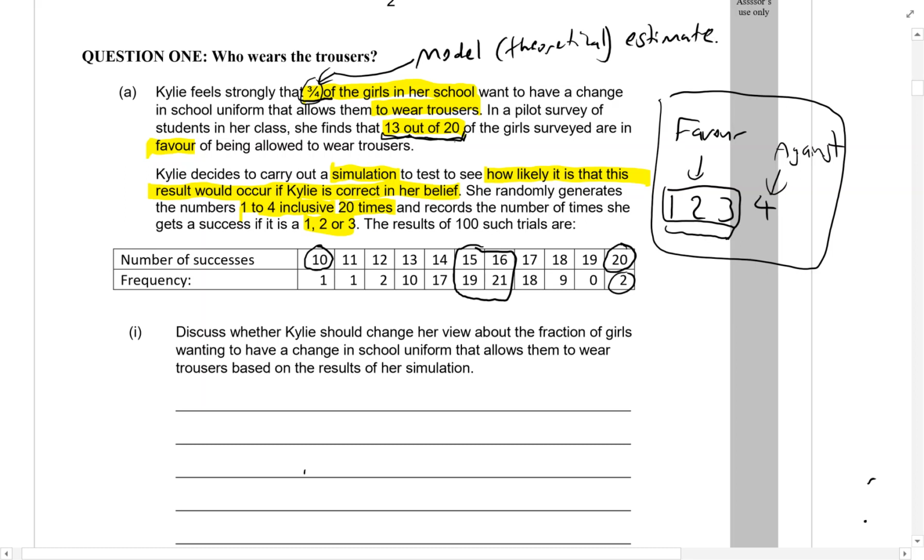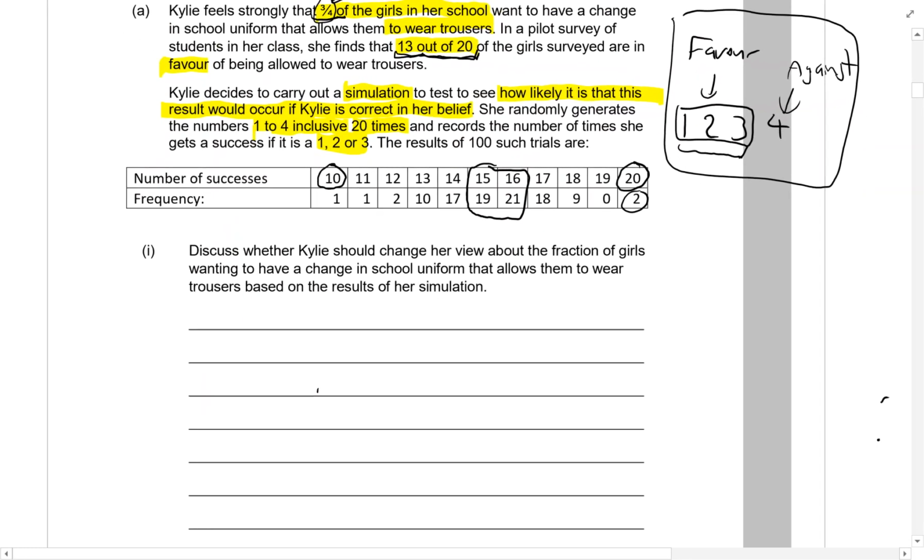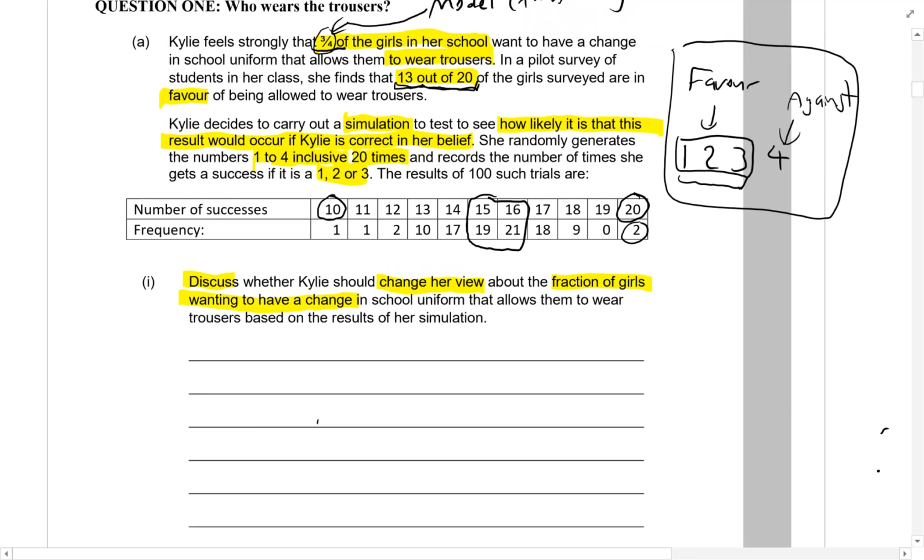Okay, so let's just start writing this down, because it says to discuss whether Kylie should change her view about the fraction of girls wanting to have a change in uniform. In other words, should she revise and say that maybe it's less than 3/4 based on her pilot survey? So let's start by stating the obvious. That's always a good place to start.